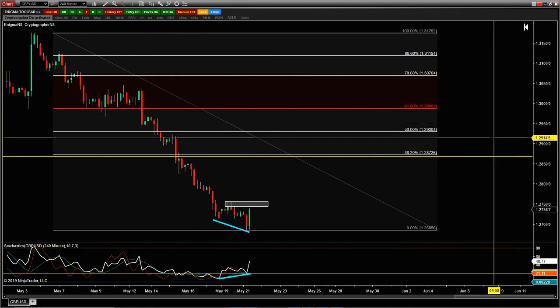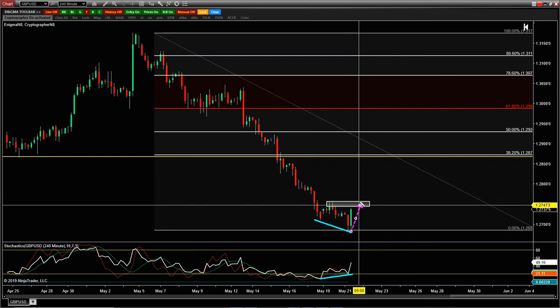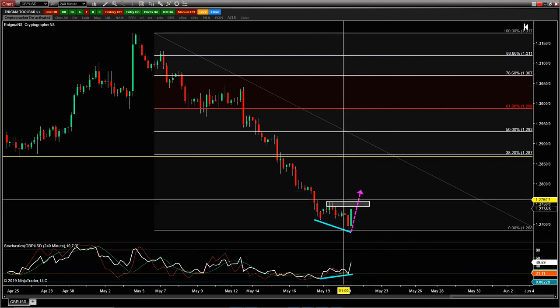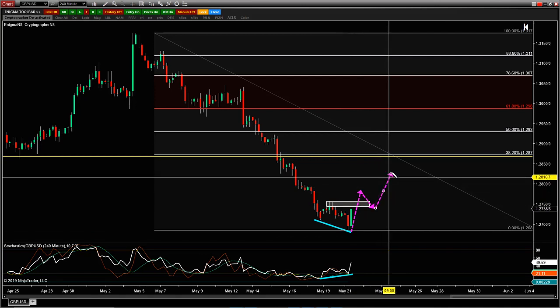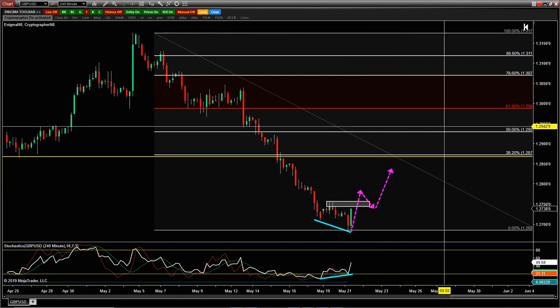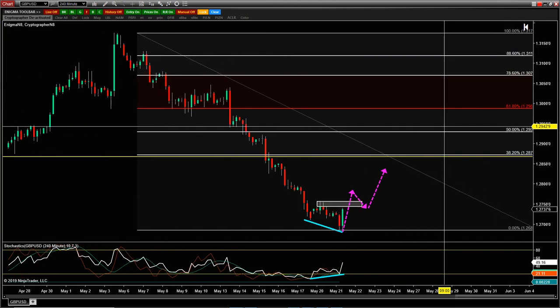So essentially what we'd be looking for is something like this. Like dollar yen, a break and close above this level, a retest into that level, and then a continuation up, right? For that type of reversal. And again, this would be a good example of what we just talked about. You can look at this as if you were to buy this pullback.